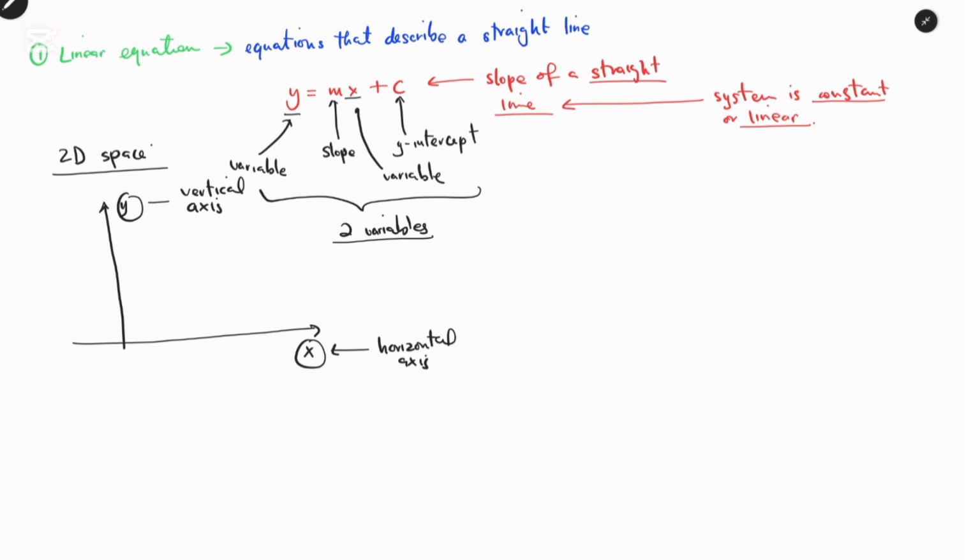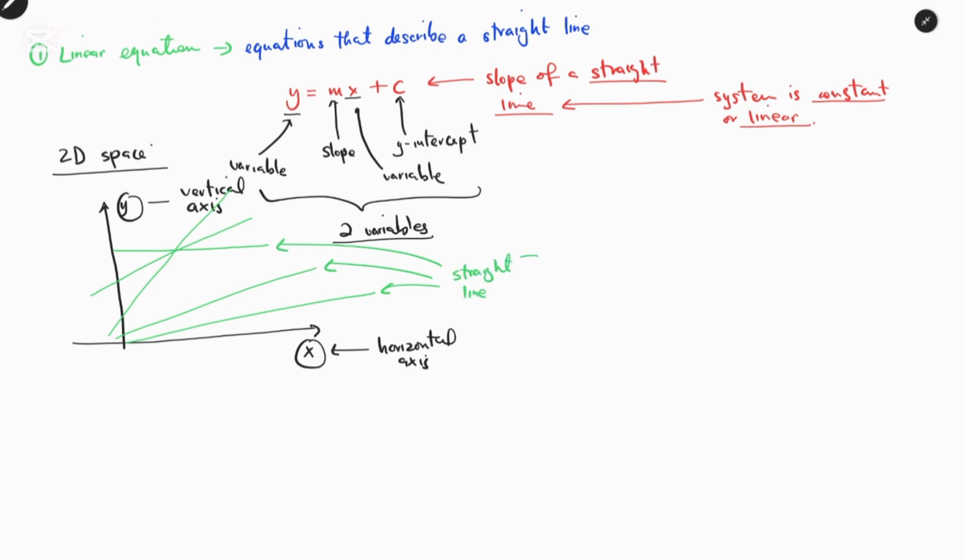Any line that appears in this 2D space and is straight, for example this one, this one, this one, we can see that all of these lines represent a straight line.